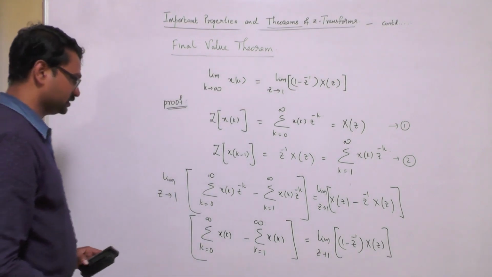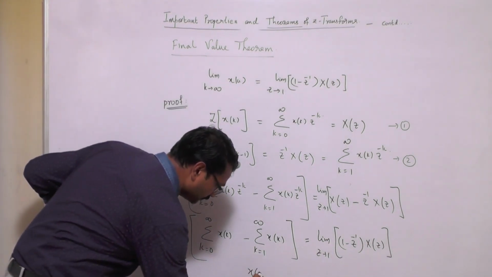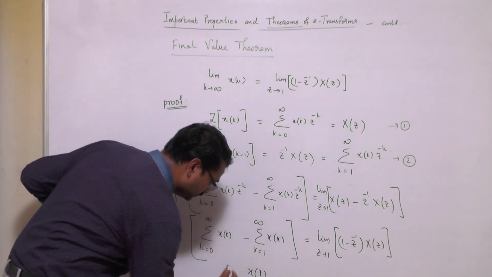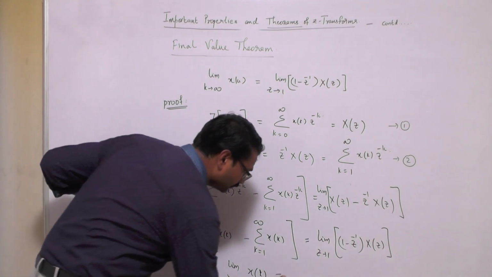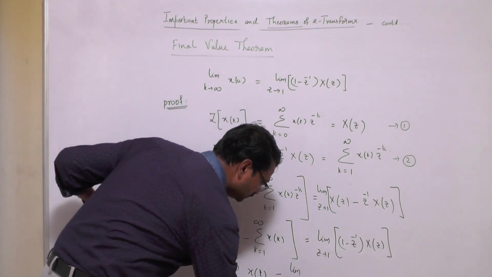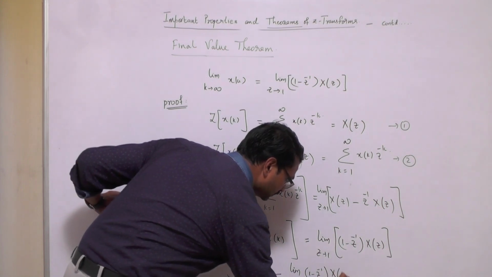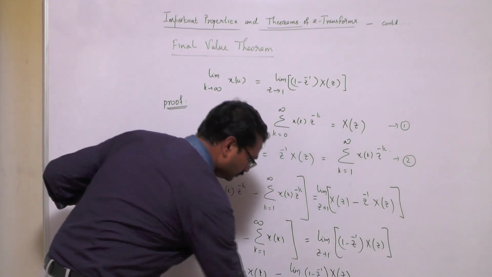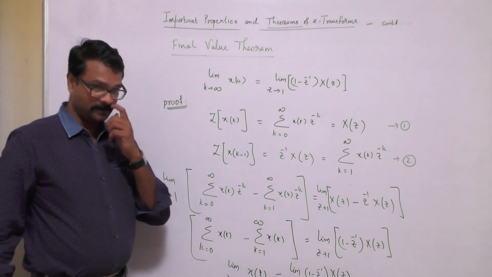With this equation you will get x of k as k tends to infinity, the limit as z tends to 1 of 1 minus z inverse x of z. So the proof for this final value theorem is obtained as such.